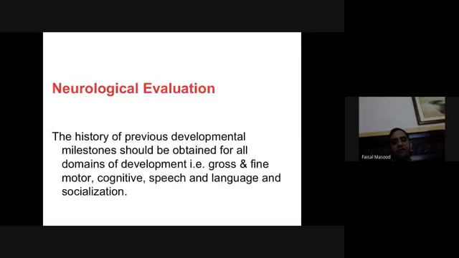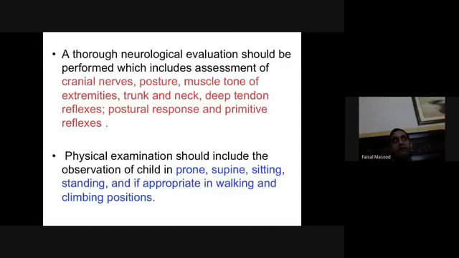Neurological evaluation: you must check the developmental milestones, whether they are delayed or not, and then motor, sensory, and gross skills of the child. You must assess the cranial nerves, the posture of the child, muscle tone of the extremities, trunk and neck, deep tendon reflexes, postural responses, and primitive reflexes.